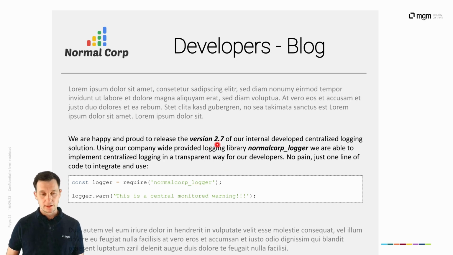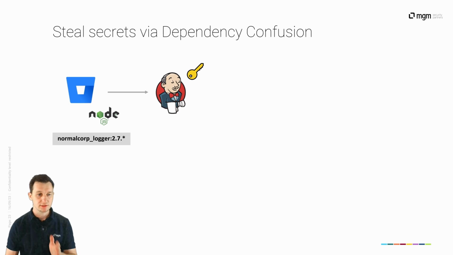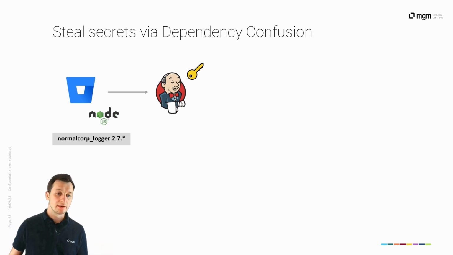Okay, so going to Normal Corp. Imagine that there is a Node project, and this Node project requires normal_corp_logger in version 2.7.*, and the star here means that it uses the latest greatest patch version that it can find.